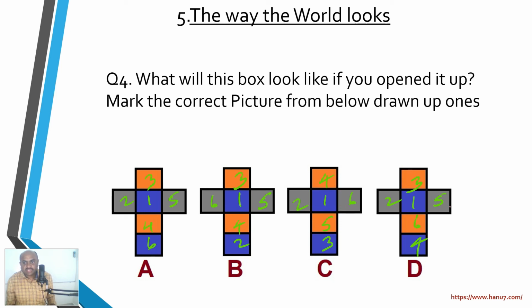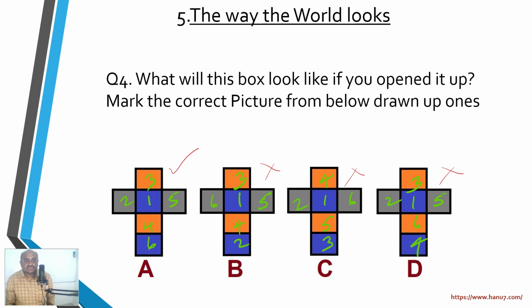For that, we always have to check: 5 plus 2 is 7, 6 plus 3, no, this is wrong. 6 plus 2 is 8, no, wrong. 5 plus 6, no, wrong. 5 plus 2 is 7, okay, 4 plus 3 is 7, 6 plus 1 is 7. So this is the right answer.